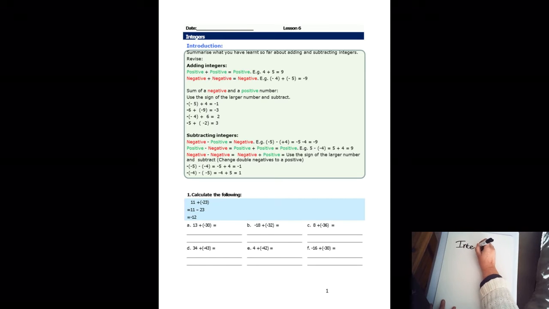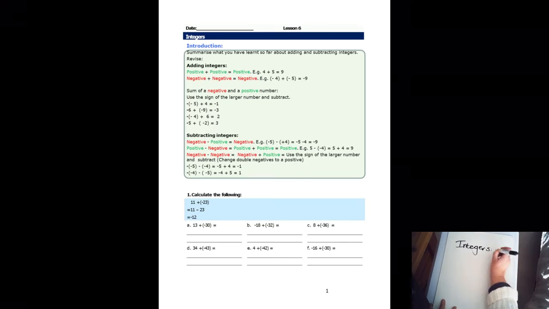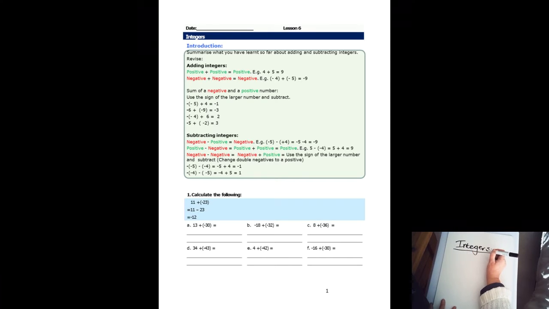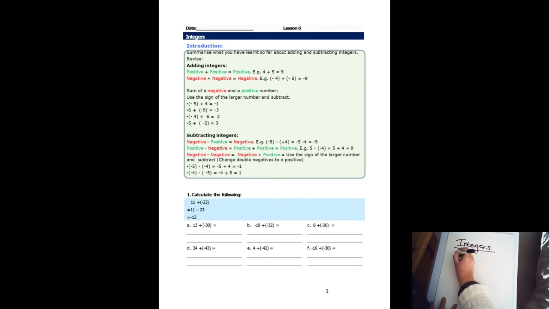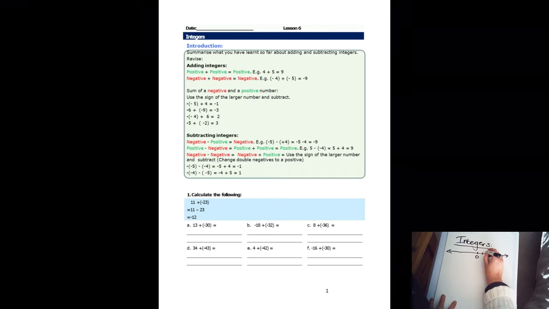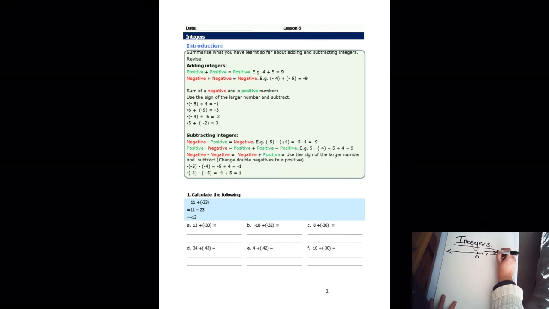Okay, so just to recap on what integers are. Integers are whole numbers, except that now we've got 0, and we've got whole numbers all the way positive, and we now have negative numbers.